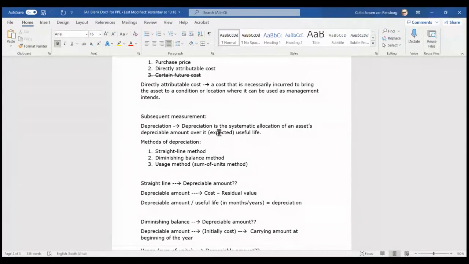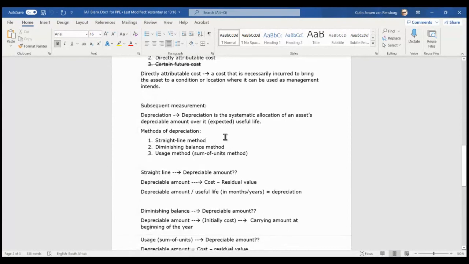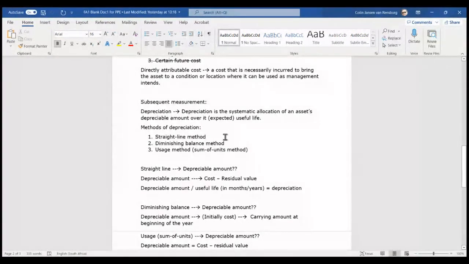And I've just added there the useful life that you expect to be using it as a business, the expected useful life. Then we mentioned last week, and there was actually a question in class about this last week as well, what are the methods of depreciation? It's in your notes as well, but today we are going to discuss it by practically giving it figures, and then we are going to do some calculations.